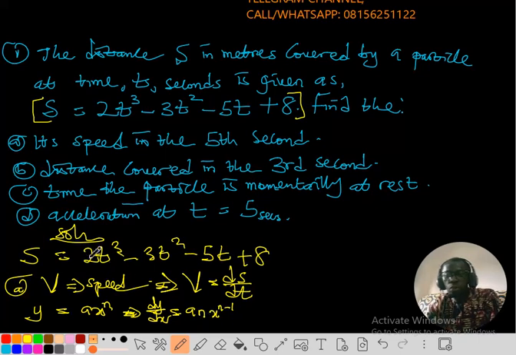For instance, if you are working with 2t raised to power 3, the coefficient here is 2, which is a, and the power here is 3. So we'll now replace this x with t. So let's proceed to the next page.